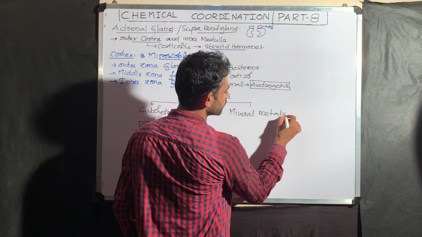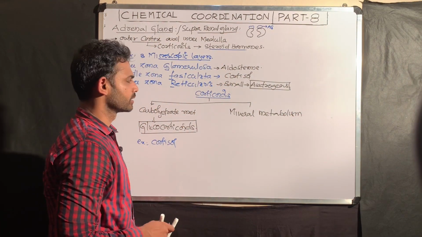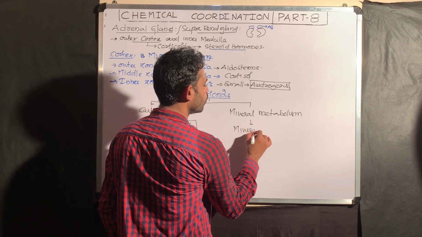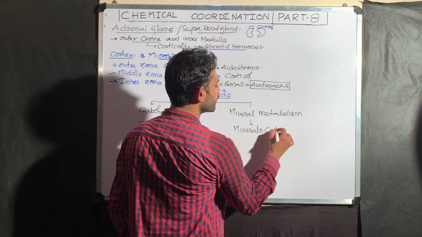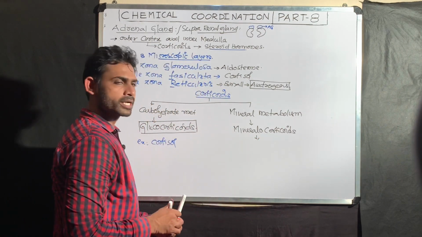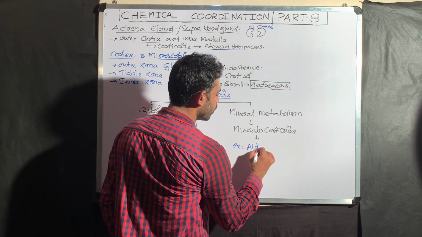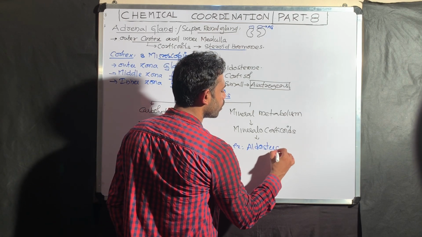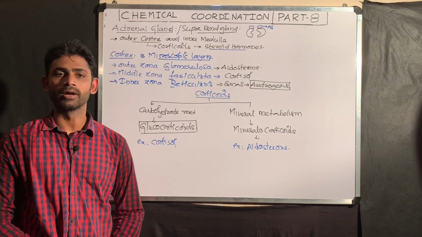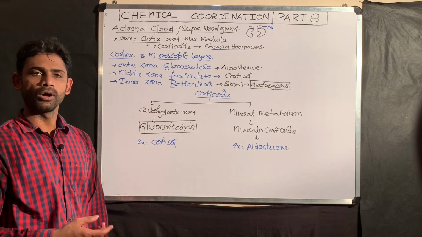Minerals are sodium, potassium, and calcium. These corticoids are mineralocorticoids. An example is aldosterone. Aldosterone is an example of a mineralocorticoid, and cortisol is an example of a glucocorticoid.